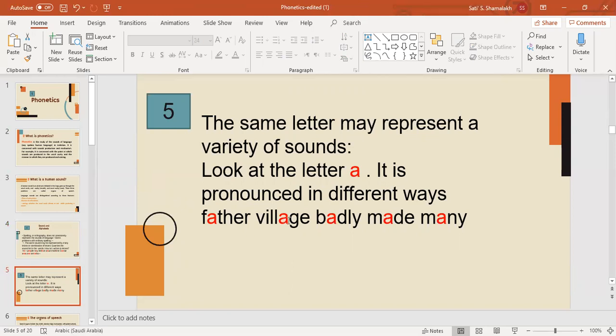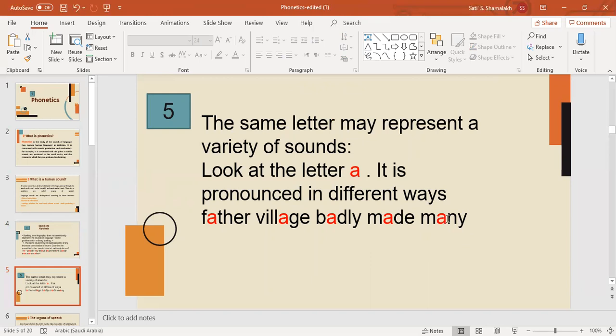Village, the A is pronounced another way. Badly, the sound A. Made, the letter A is pronounced another way. May.